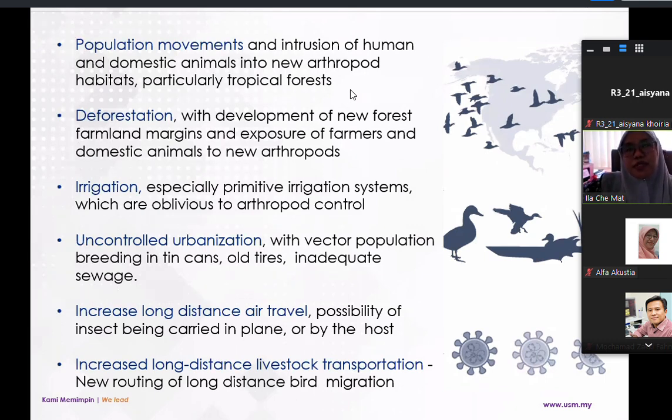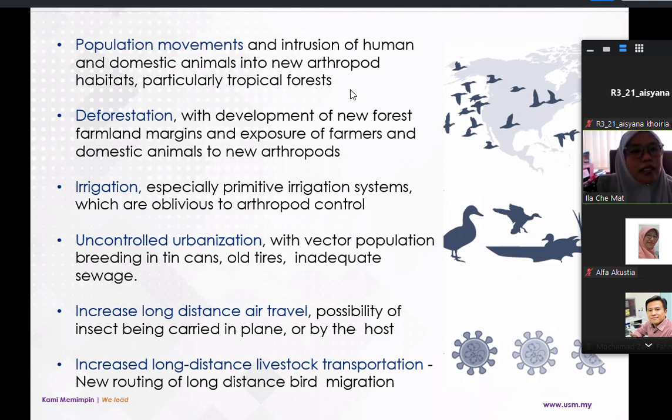Influenza virus can be transmitted through migratory birds to chickens, through animals. So this population movement gives a high risk of transfer and of developing new outbreaks of infectious diseases, especially for viruses.